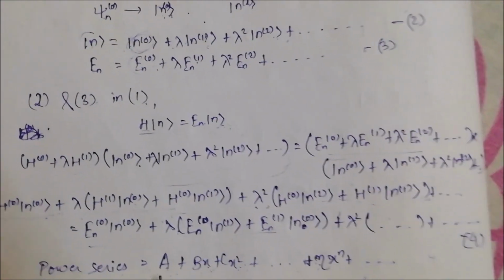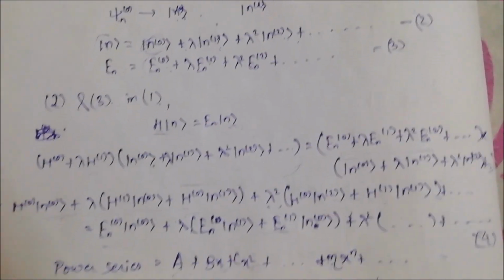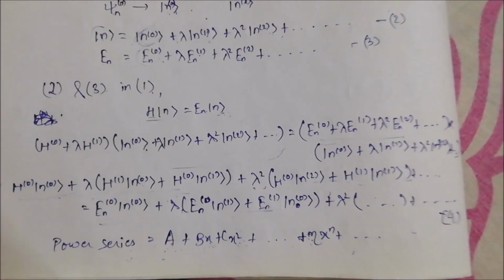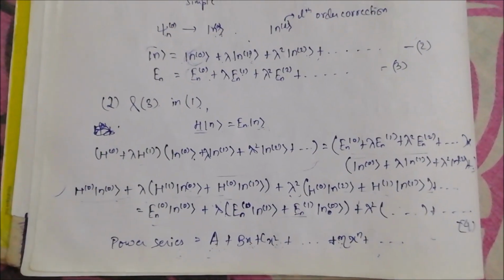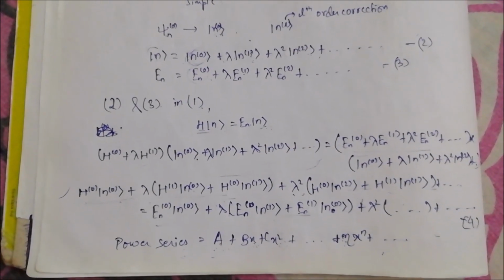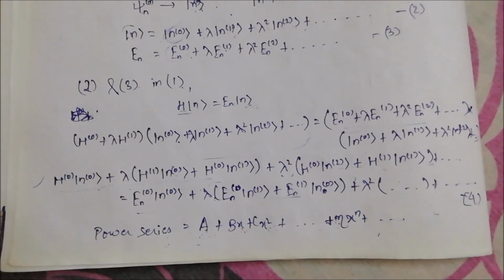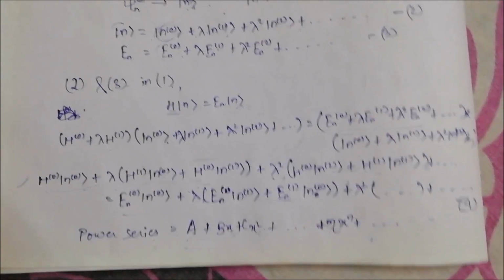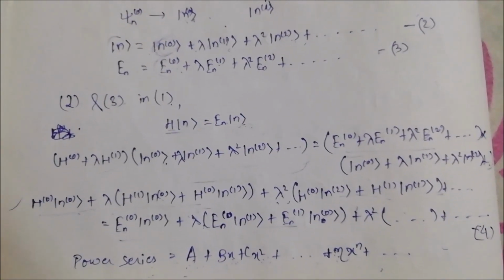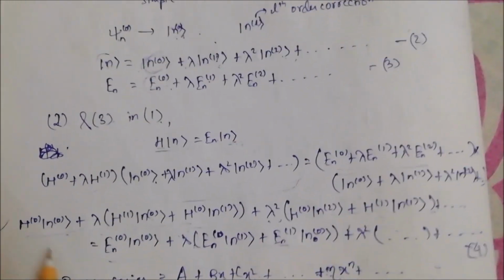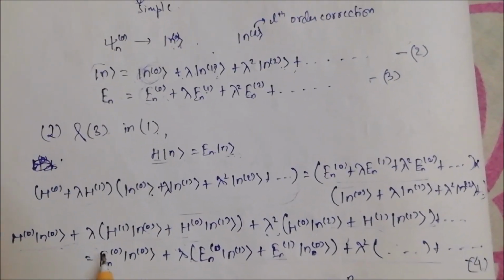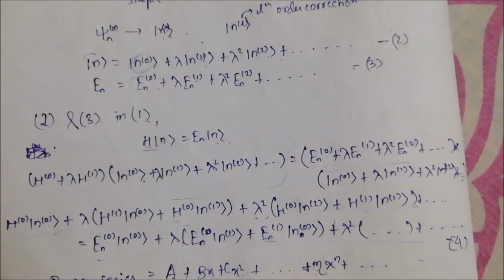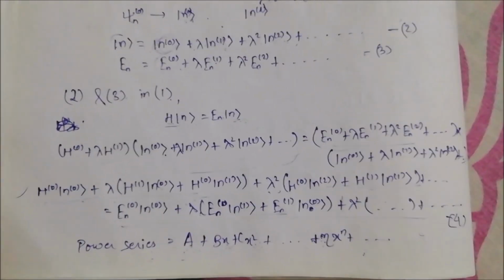So these terms are like components of a vector. Like in three-dimensional vectors, you have i, j, k, which are all independent, and if two vectors are equal, then you can individually compare their ith, jth, and kth components. Similarly, in both sides we have a power series, so we can compare the similar powers of lambda.